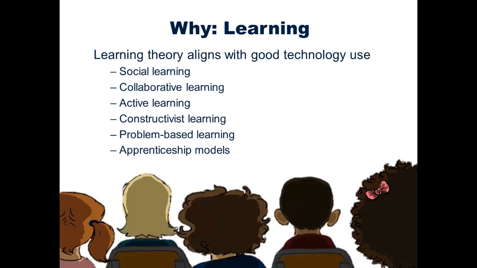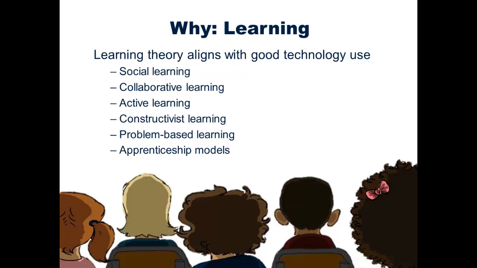The first cluster of those theories is social learning, collaborative learning, active learning, social constructivist learning, things that are involving students to participate in learning activities in groups that are very interactive, very action-oriented, and that encourage them to be social or to develop knowledge in a collective, much like what we're doing here in this MOOC.